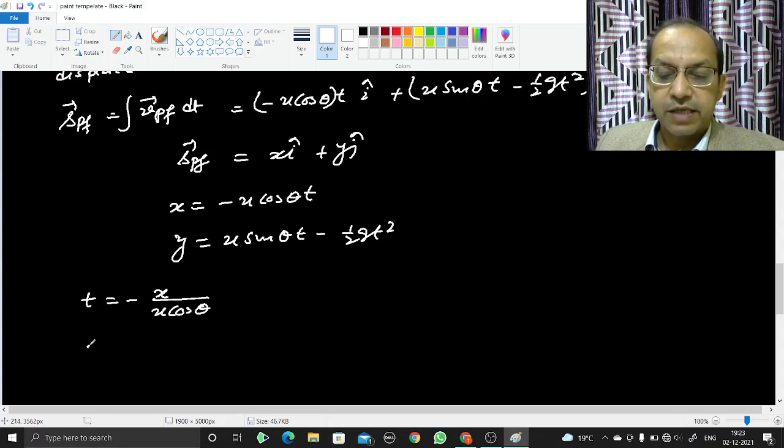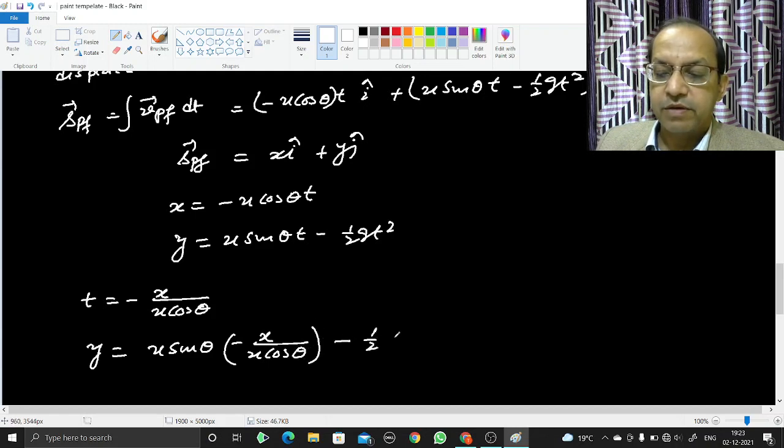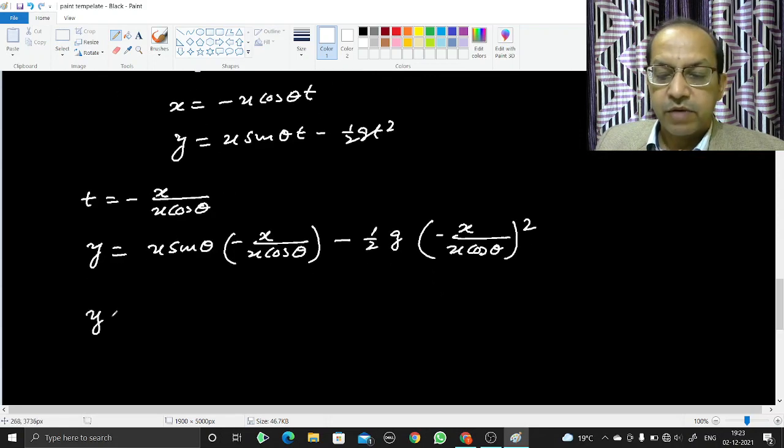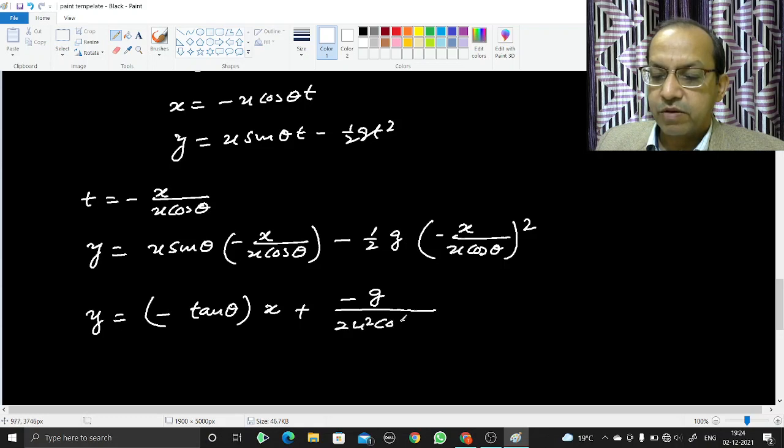Substituting in the second one, y equals u sin theta times minus x upon u cos theta, minus half g times minus x upon u cos theta squared. So y equals minus tan theta into x minus g upon 2u square cos square theta times x square.